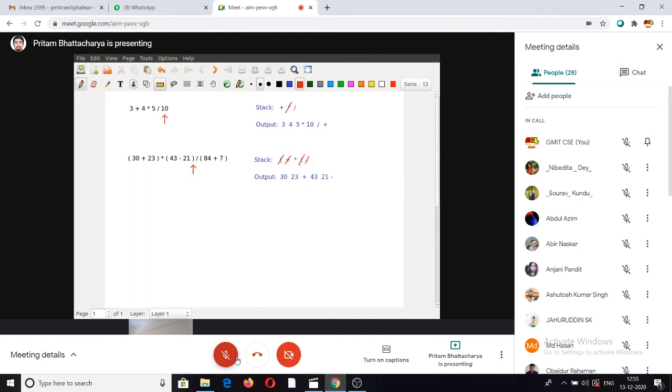Everything I am copying from the stack, if it's an operator, I am adding to my output. That is the final postfix expression. But if it's any kind of parenthesis, I am never going to include it in my postfix, because I never need parenthesis in my postfix. I'm setting it up in such a way that you will see it will evaluate to what I want.